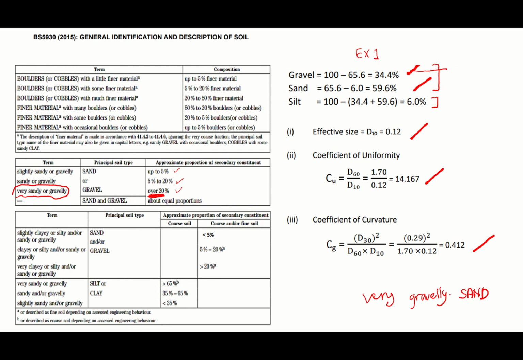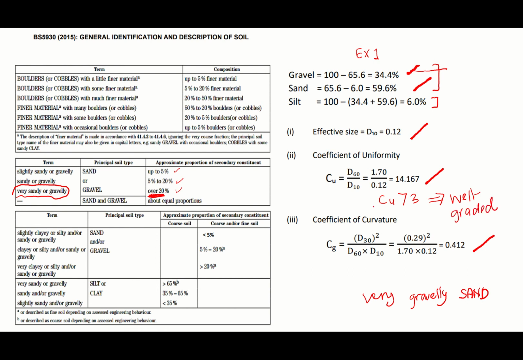Your naming of this soil does not stop there. You need to find the value of Cu and Cg. If you get Cu more than 3, that is significant to put well graded in front of your soil name.